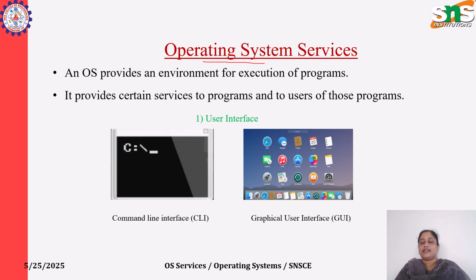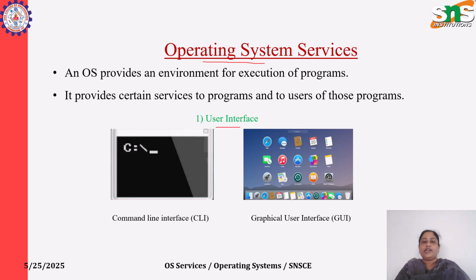It plays a major role in executing either the user application program or the system program. The operating system is also called system software, which maintains the dignity of using both the user and the system programs. Now let's see the first service provided by the operating system, which is user interface.